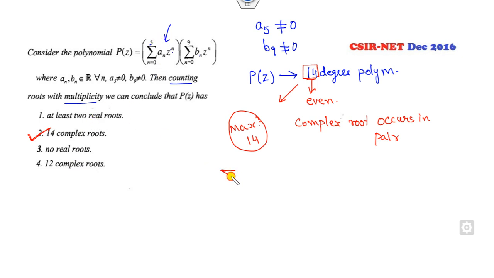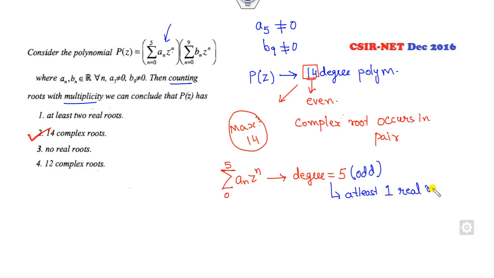Okay, look at that. This series is of degree 5. Fine. What is the meaning of that? It's an odd degree, and every odd degree polynomial has at least 1 real root.